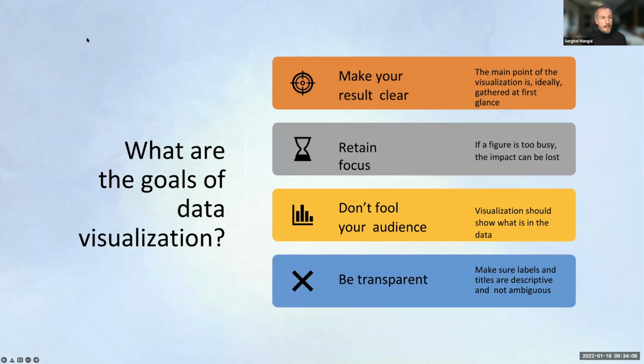And a little bit more on that, on the general lines. I think by visualization, fundamentally, we want to make your results clear. People look at the results and they understand what's going on. Retain focus. It should be a good balance of details on one hand, but also some message.